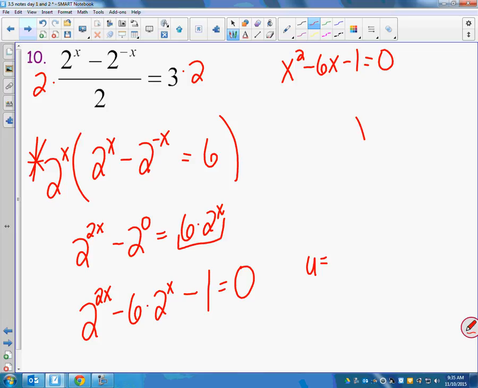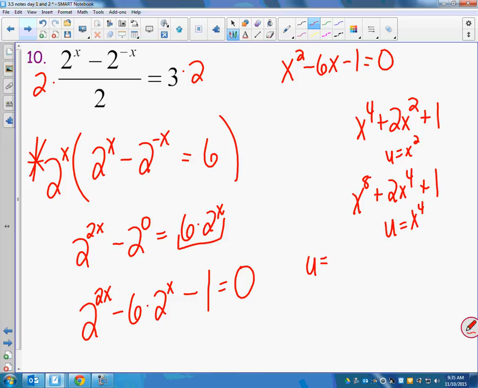Let's practice. What would u be in this problem? X squared. What would u be in this problem? X to the 4th?